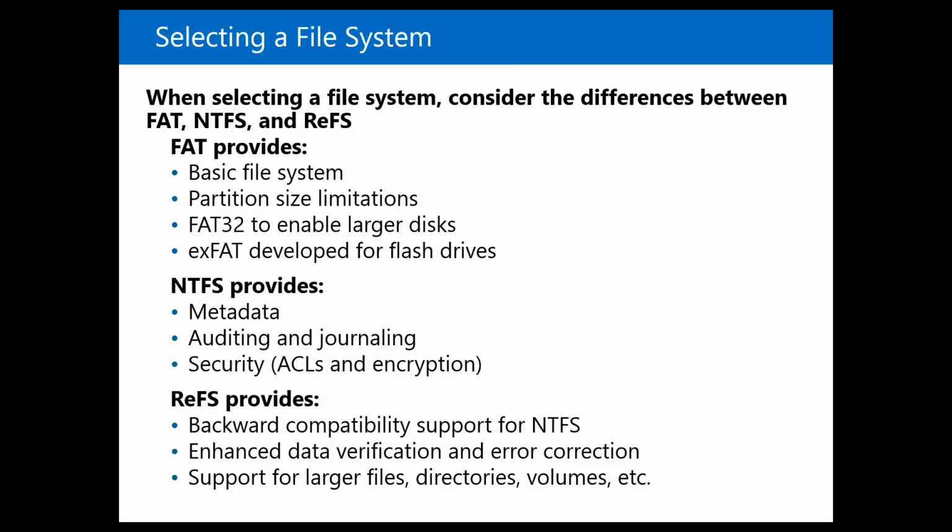The partition size has limitations like 2 GB. FAT32, which was my hard disk, supports larger spaces, and exFAT is developed for flash drives. Basically, FAT is there for 2 GB. exFAT is there for bit bigger hard drives. And usually removable storages come like that.